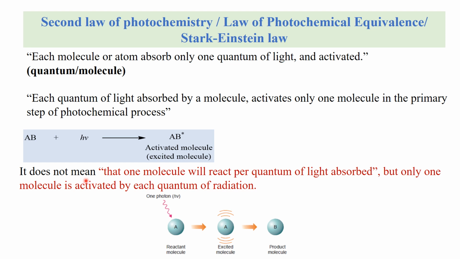But it does not mean that one molecule will react by absorbing one quantum of light. It states that only one molecule is activated by each quantum of radiation or photon of light.